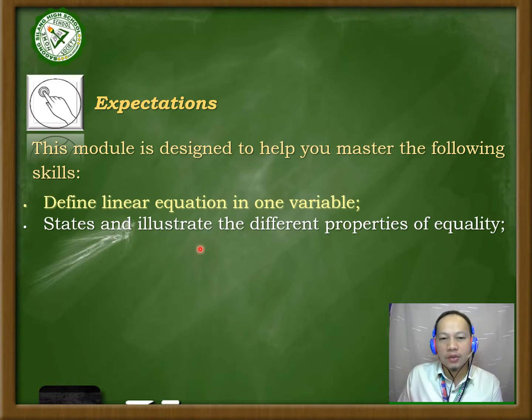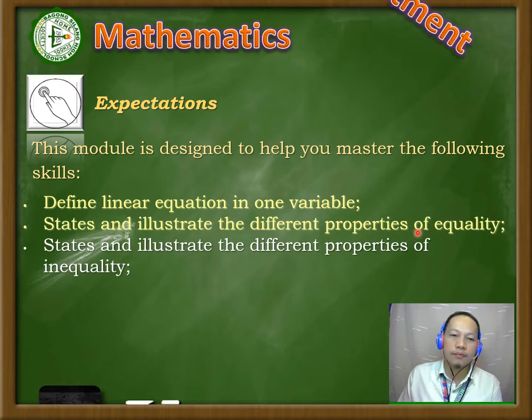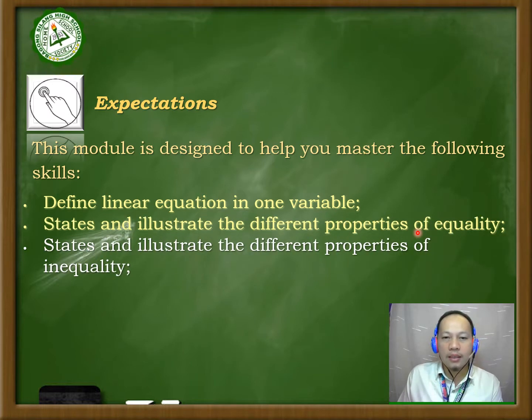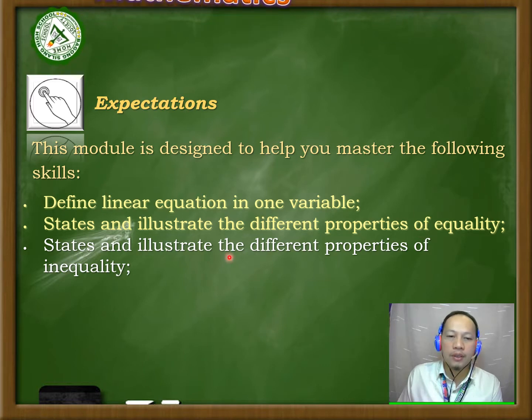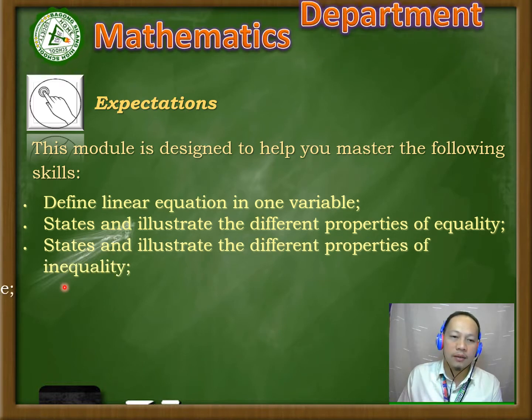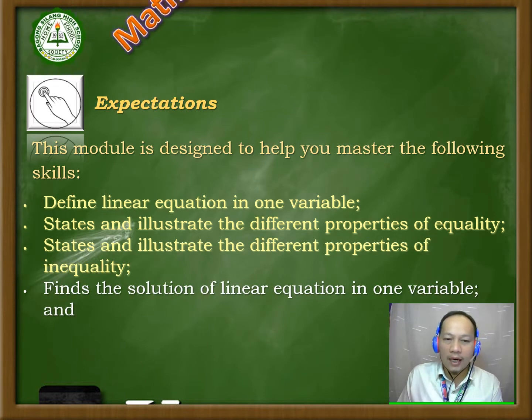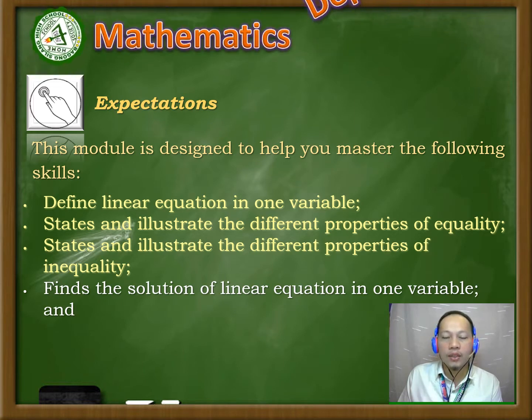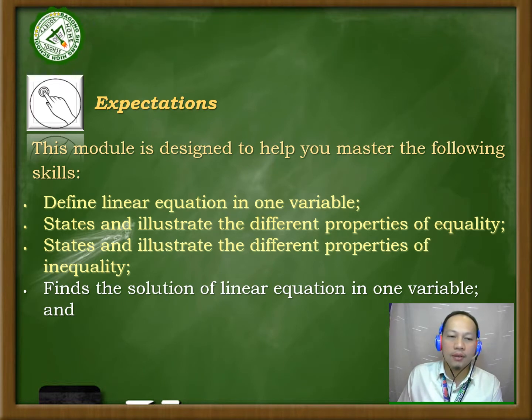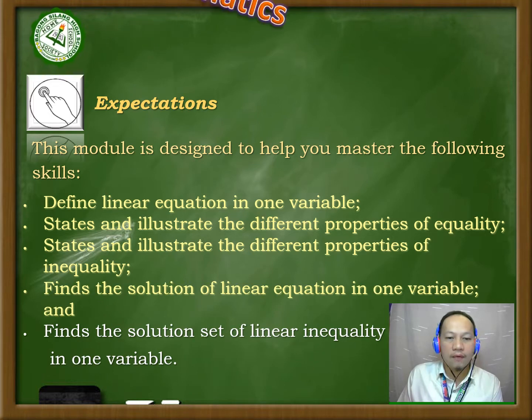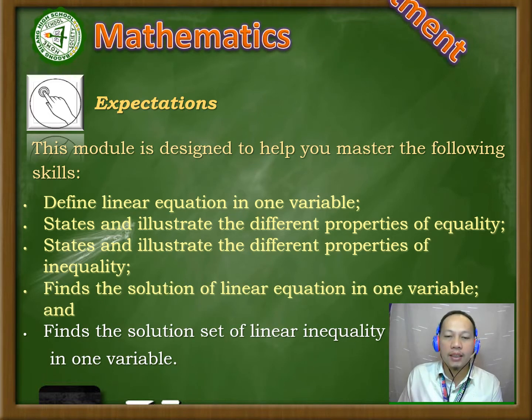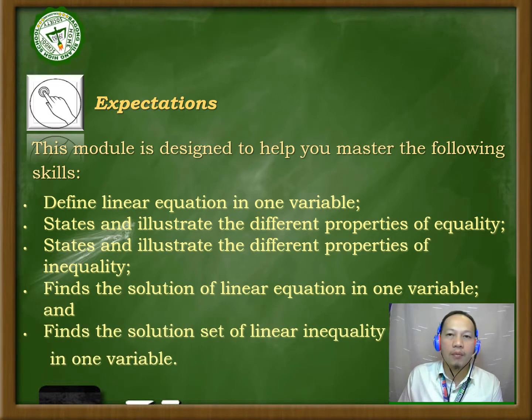States and illustrate the different properties of equality. States and illustrate the different properties of inequality. Finds the solution of linear equation in one variable and finds the solution set of linear inequality in one variable.